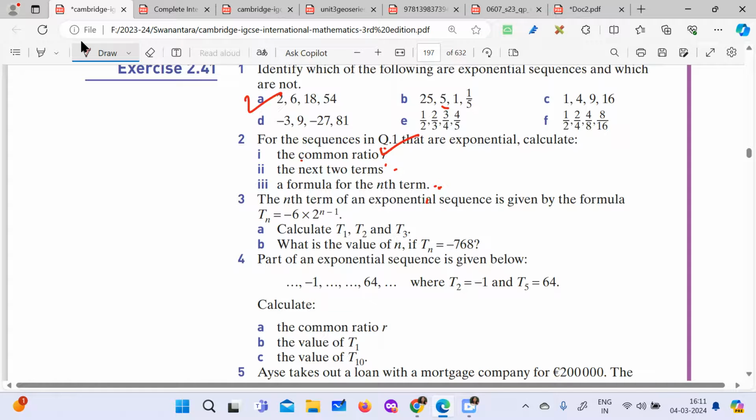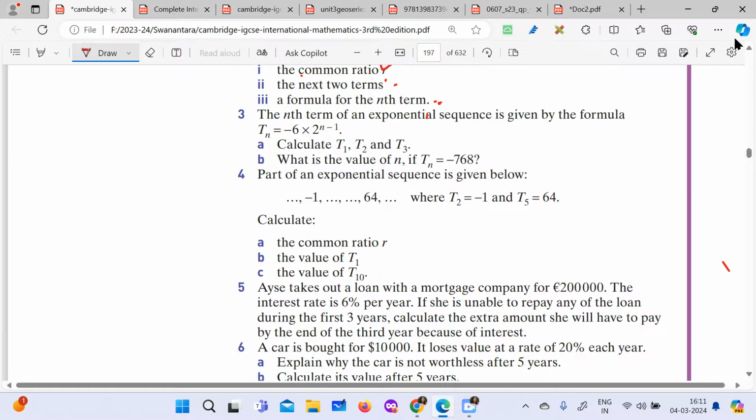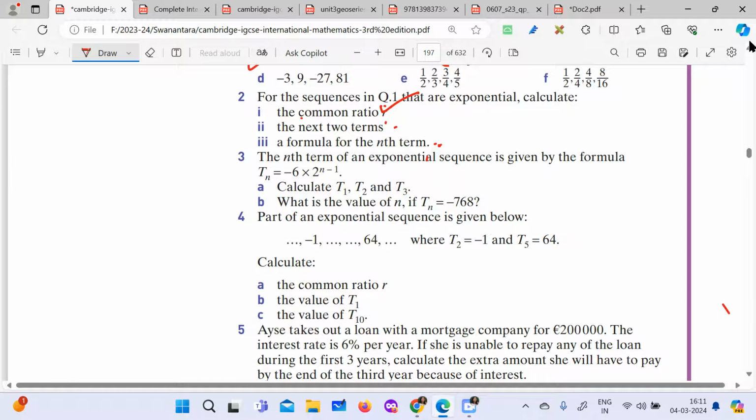Let's try one full question here. The question is: the nth term of an exponential sequence is given by the formula Tn, so it is already given. Tn is equal to minus 6 times 2 to the power of n minus 1. You have to calculate T1, T2, T3, which means you have to find the first term, second term, and third term.